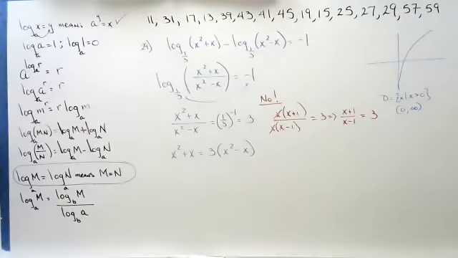You can't do that. We've talked about this in class. You can't divide out variables. You don't know if x is 0 or not. If x is 0, you can't divide. So don't do that.